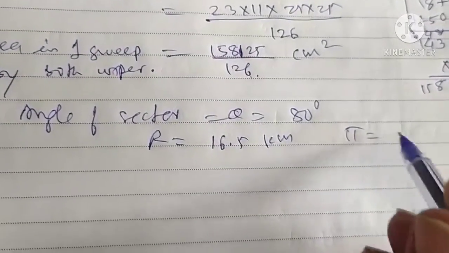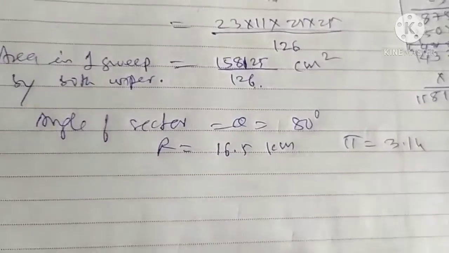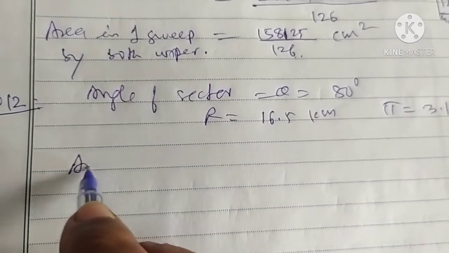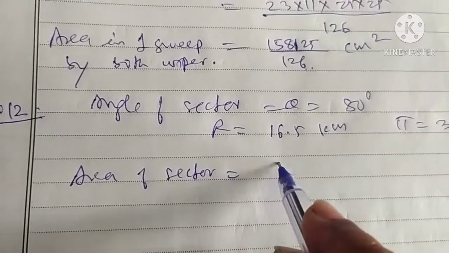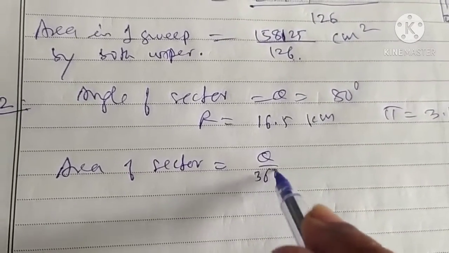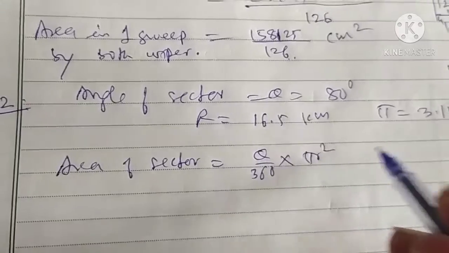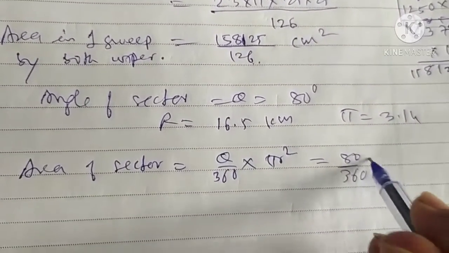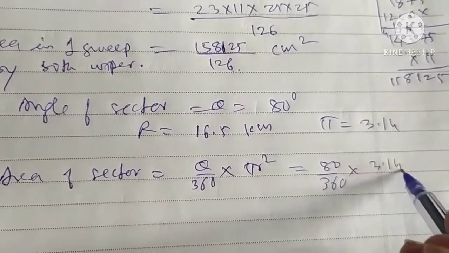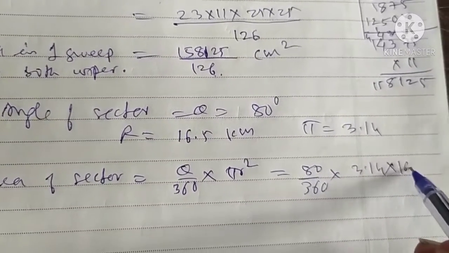Pi value is given to you, 3.14. Now write, find area equal to area of sector equal to theta upon 360 multiplied by pi r square. See, theta is what? 80 upon 360. Pi is what? 3.14. Radius what? 16.5.